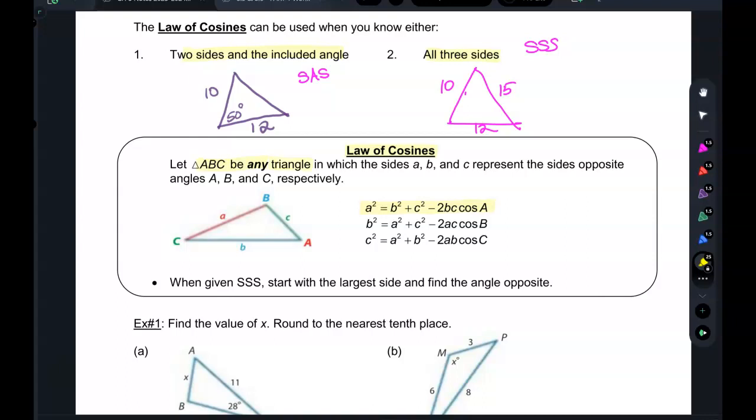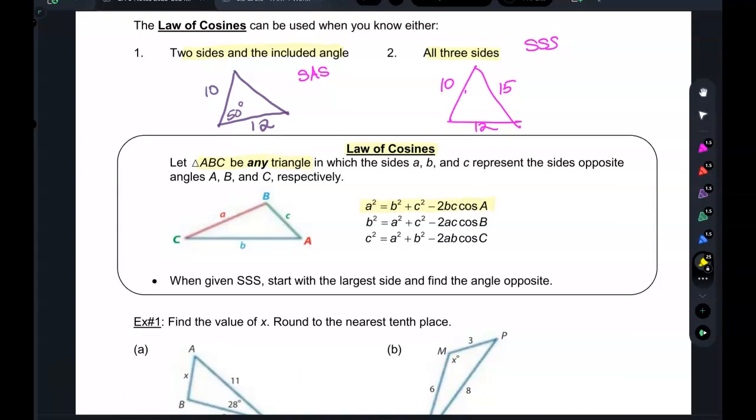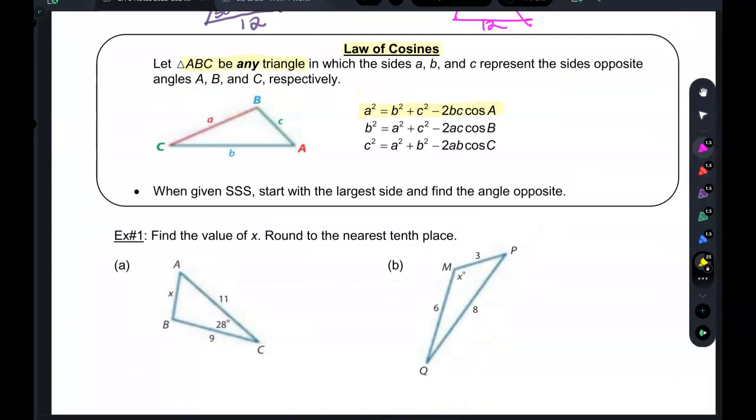Okay. So it's a squared equals b squared plus c squared minus 2 times b times c times cosine of A. What I want you to notice, these two, it's fine.